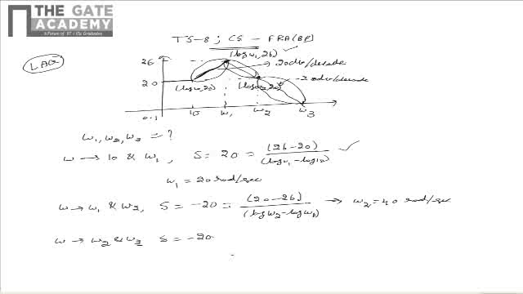And in this region the straight line is joining log omega 2, 20 and log omega 3, 0, and this should be equal to minus 20, that is 0 minus 20 divided by log omega 3 minus log omega 2. And upon simplifying this, we see that omega 3 is equal to 400 radians per second.